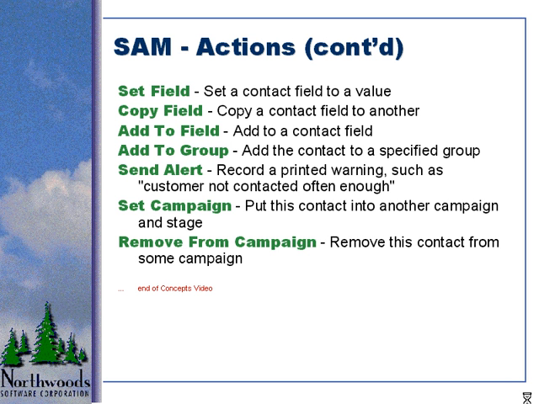You can send an alert, so you can record printed warnings that come up in the reports that you run from SAM, such as, hey, this customer's not being contacted enough. You can set a campaign, so a campaign can insert contacts into other campaigns.